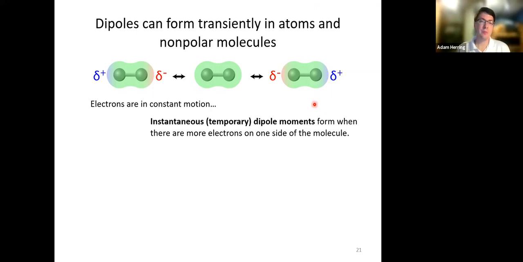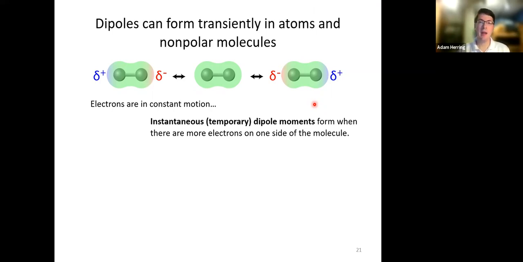But it turns out that if you have nonpolar molecules or atoms, then they can interact with each other through intermolecular forces as well, electrostatic intermolecular forces. So electrons are in constant motion about the molecules in which they're contained.